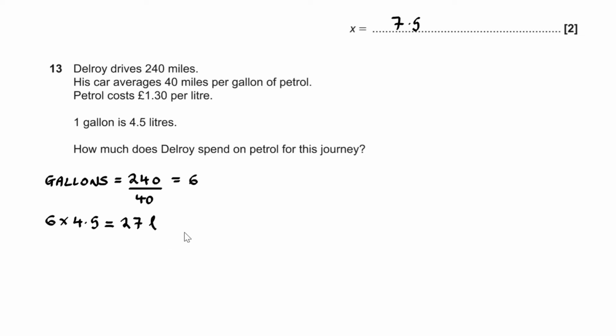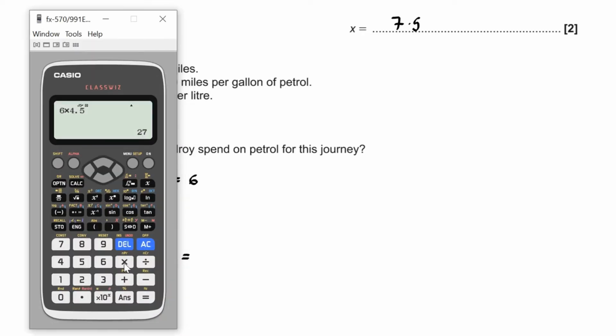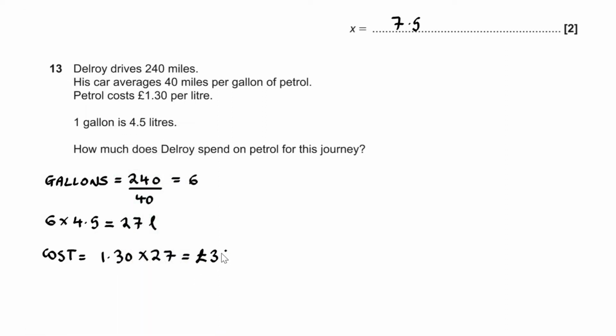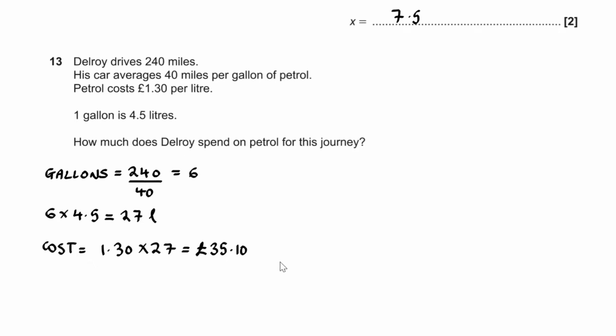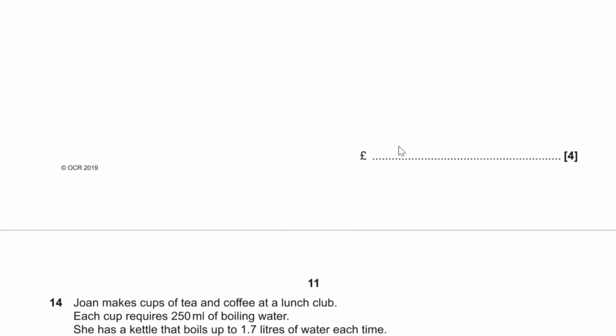So he uses 27 litres of petrol, and therefore the cost of this, we've got £1.38 per litre of petrol. He's using 27 litres, so multiplying 138 by 27, you'd find here we get £35 and 10p.